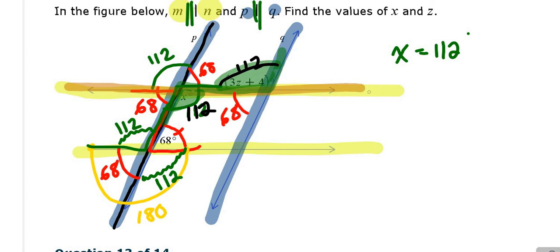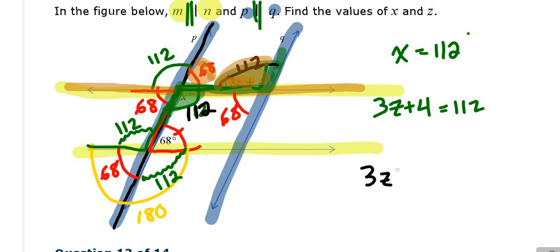So we have here that 3Z plus 4 equals 112. You could have done that using armpits of the Z, or the fact that these consecutive interior angles add up to 180. So you could have also done it this way if you'd like. You would have gotten the same thing. 3Z plus 4 plus 68 equals 180. Both of those would have worked just fine.